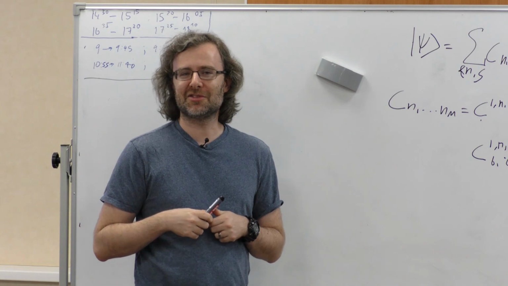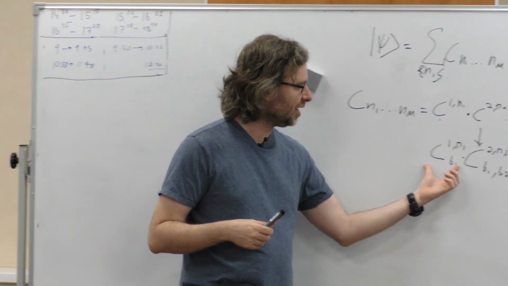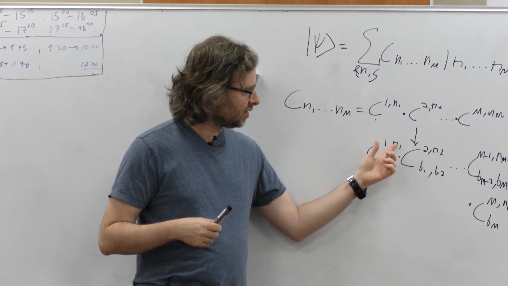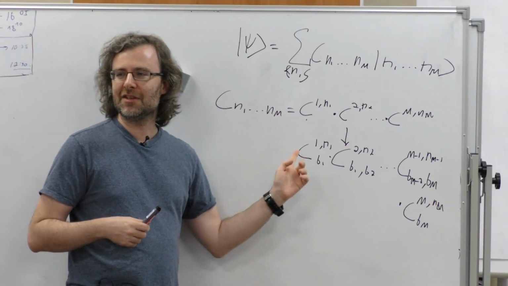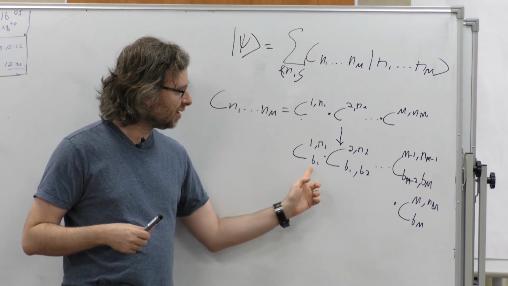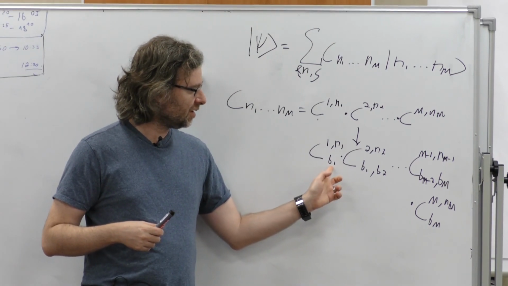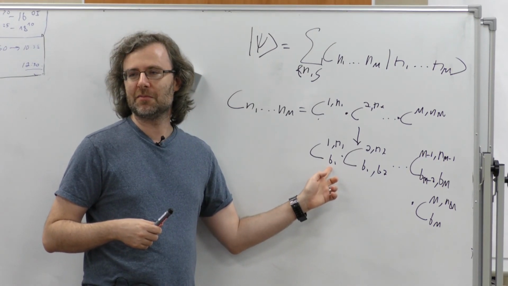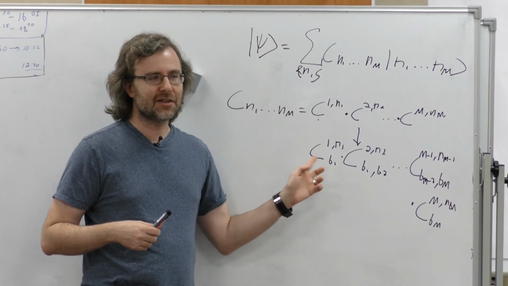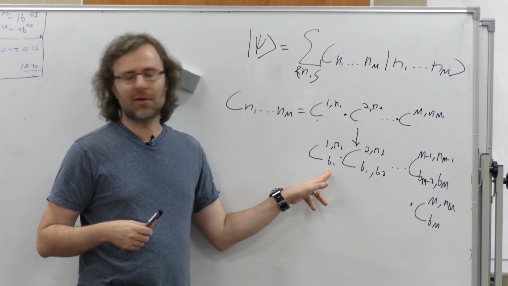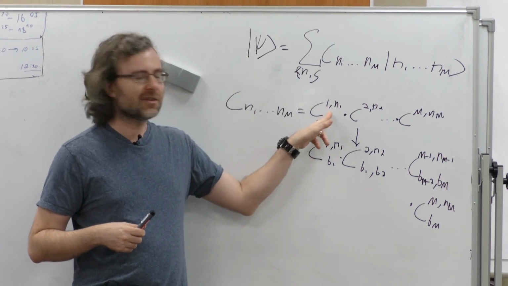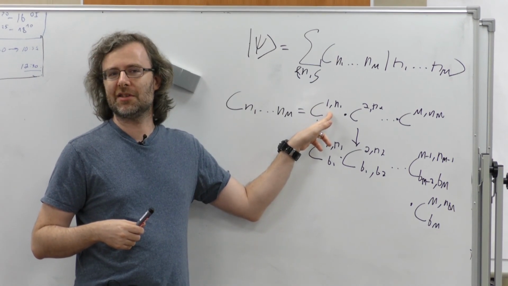Okay, it's a little gross, but let's look at what we have here. Okay, so this guy, I have C1, n1. There are two of these. n1 can be 0 or 1. And it has another index, B1. Okay, B1 is an arbitrary index that I introduced. If it can only take one value, then I go back to this, to a product state.